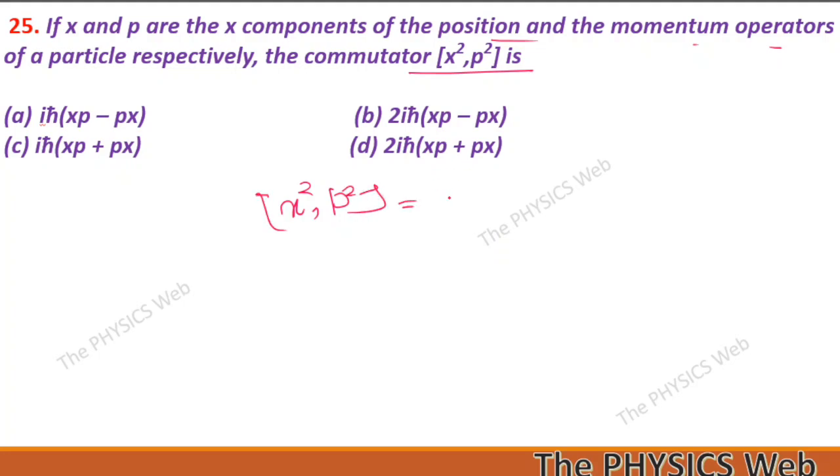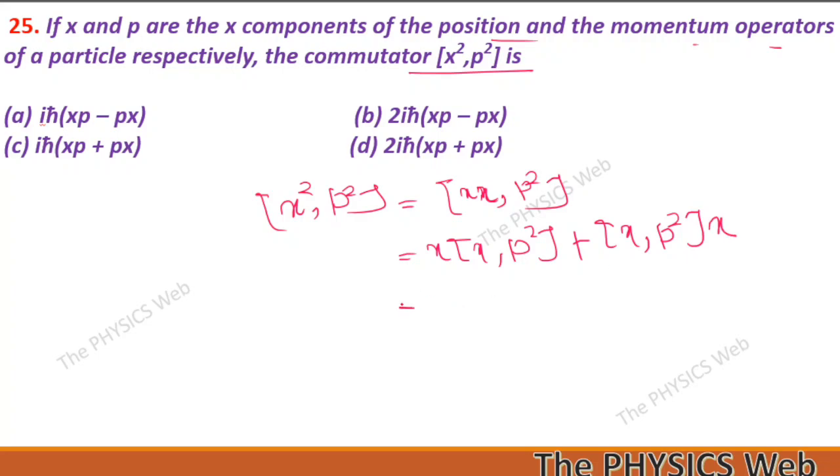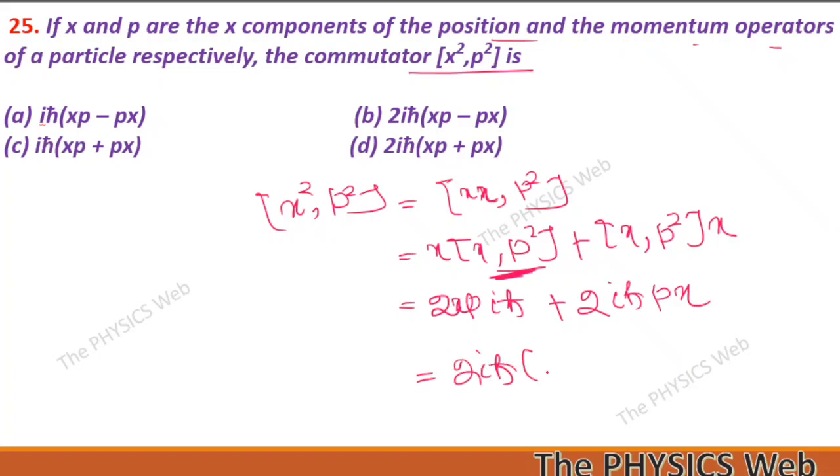So you can use the properties of the commutator brackets, like [x x, p²], which equals x[x, p²] plus [x, p²]x. Again, you can directly write the commutator value from here, that is 2iħ xp plus 2iħ px. So 2iħ (xp plus px). So D is your correct option.